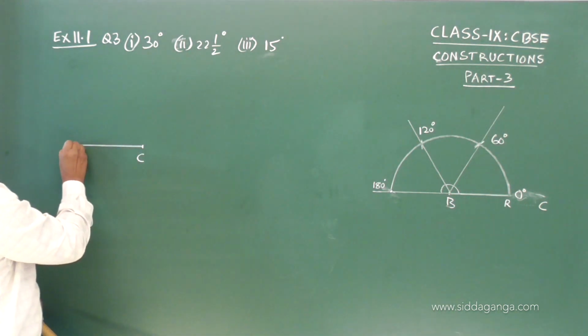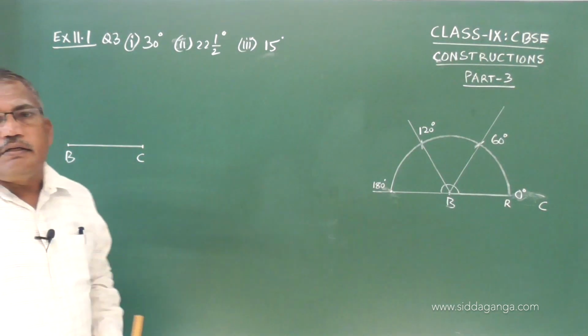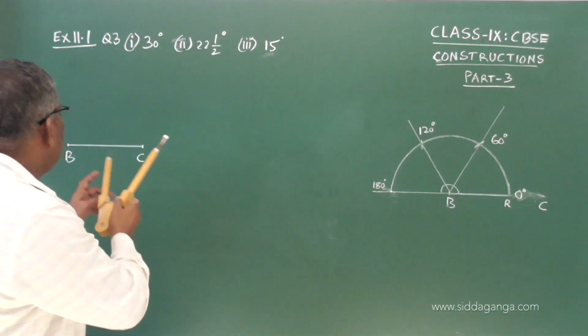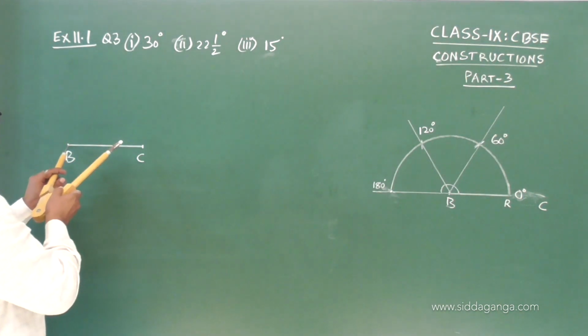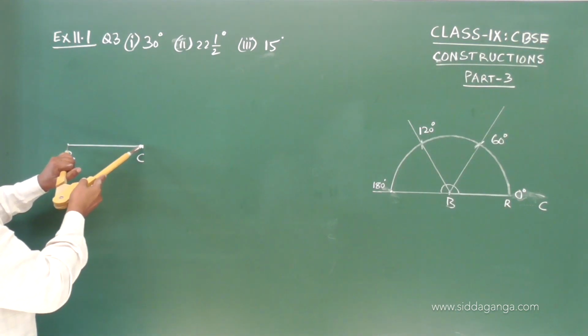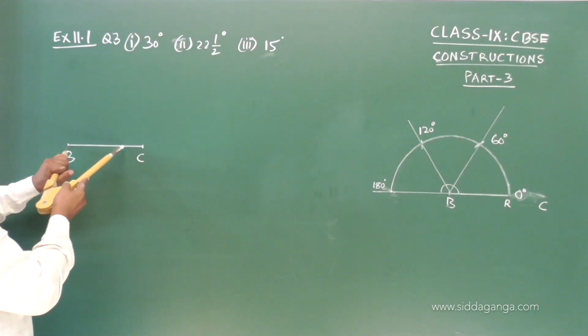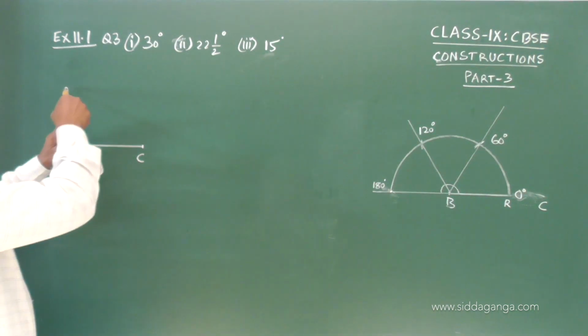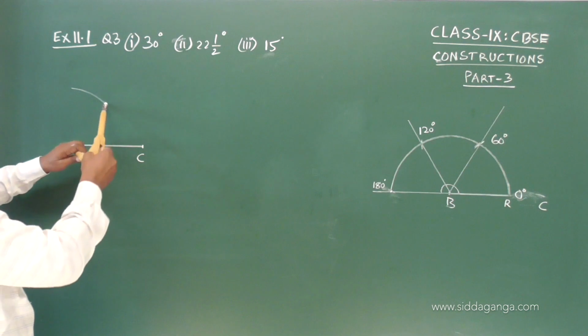At point B we have to construct a 30 degree angle. So simply what you have to do is, you take the compass with more than half of BC, this is BC radius, just reduce it a little, more than half of BC, and draw an arc.